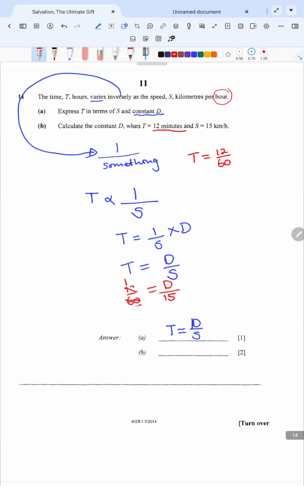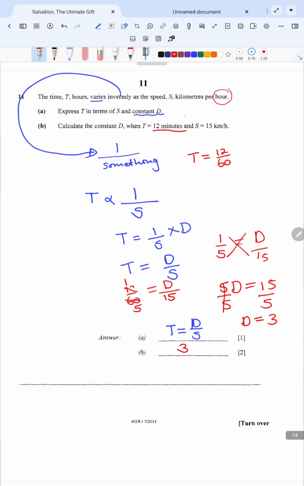Then 12 into 60, you get 5. So you now have 1 over 5 is equals to d over 15. Cross multiply, you get 5d is equals to 15. Then divide both sides by 5. d is equals to 3. So your answer is 3.